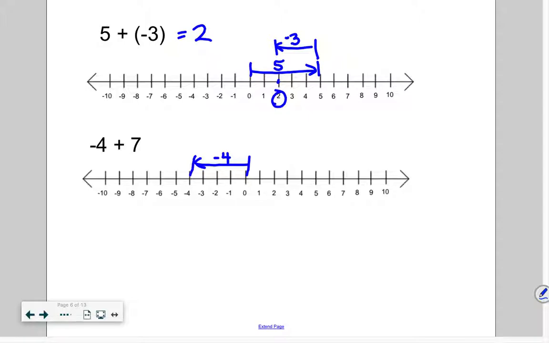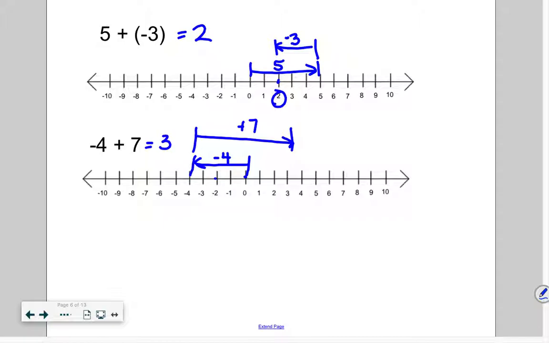We're going to go to the right 7. So 1, 2, 3, 4 gets me back to 0. 5, 6, 7 puts me at 3. What value do you end at? You end at 3.